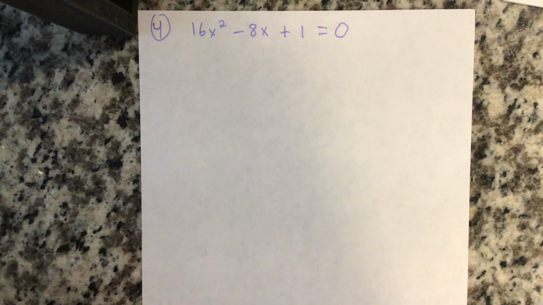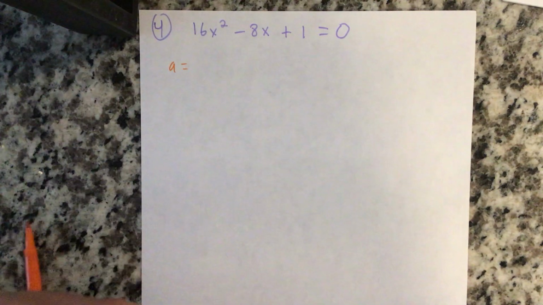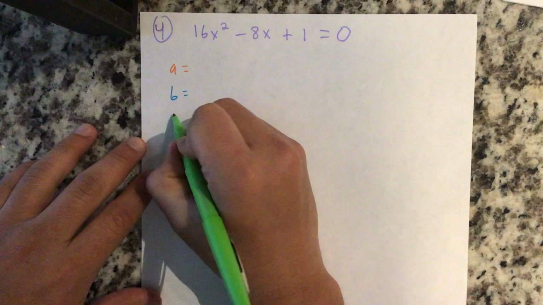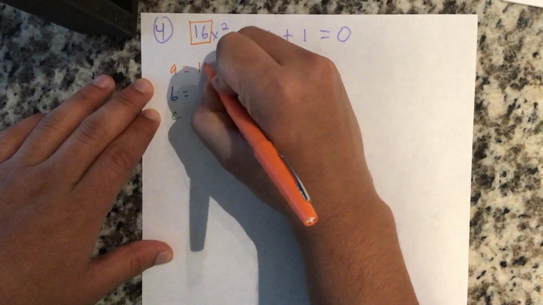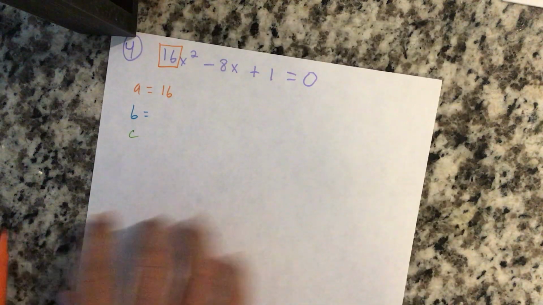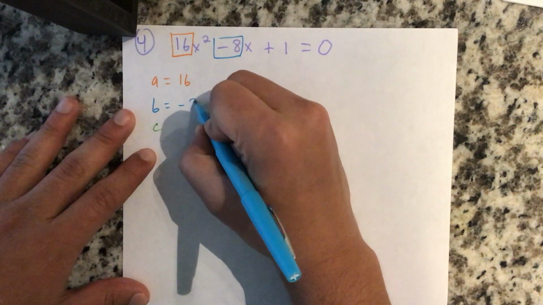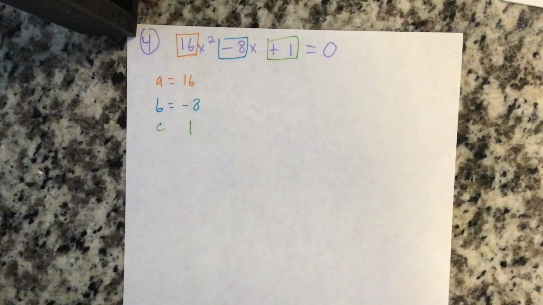Okay? So, first things first, just like we always do. A, B, and C, right? So A, boom, right there. It's a 16 in front. Oh, sorry. B, negative 8, right there. C is the constant, positive 1. Easy. Should be going really fast.